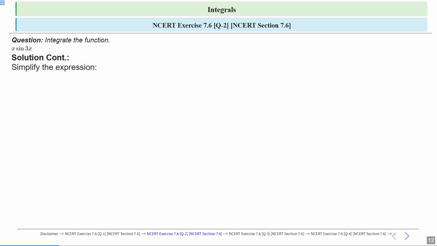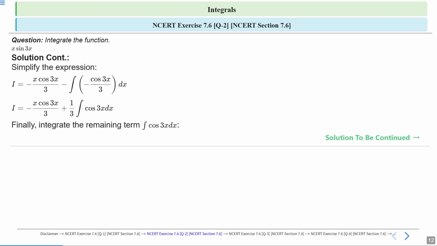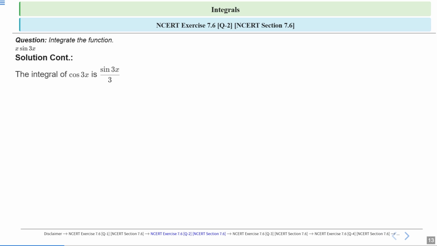So when we simplify, we get minus x cos 3x by 3 minus the integration of minus cos 3x by 3 dx. The constant comes out and it becomes 1 by 3 integration of cos 3x dx. So now we again apply the substitution method on the integration of cos 3x dx.